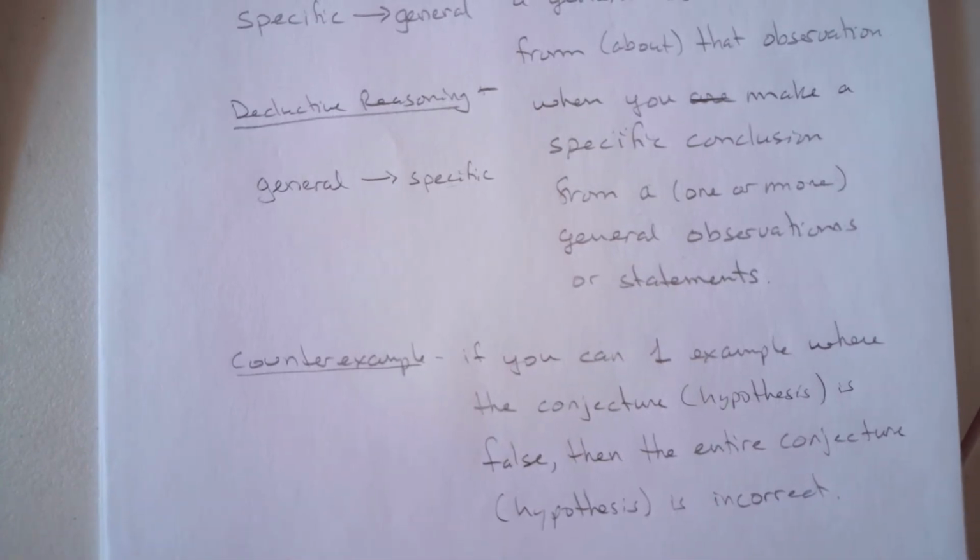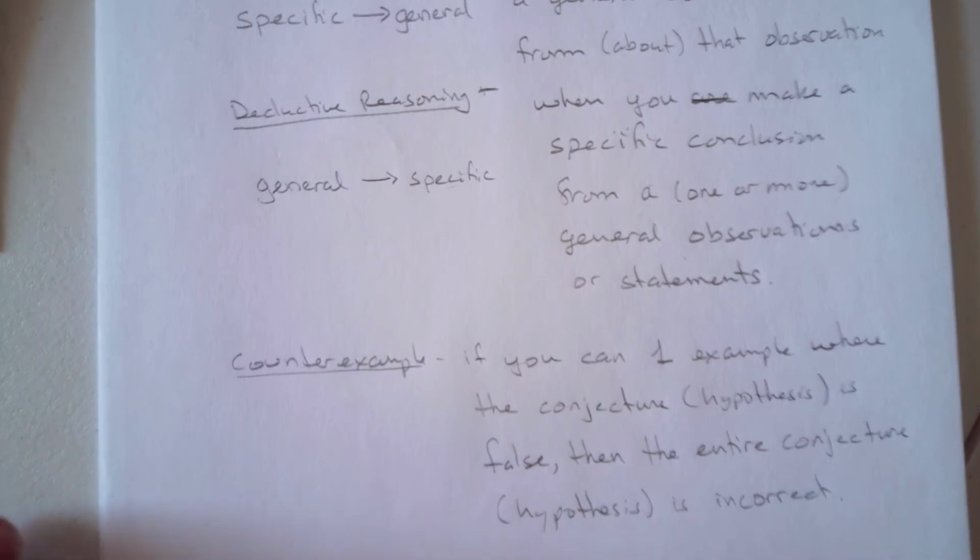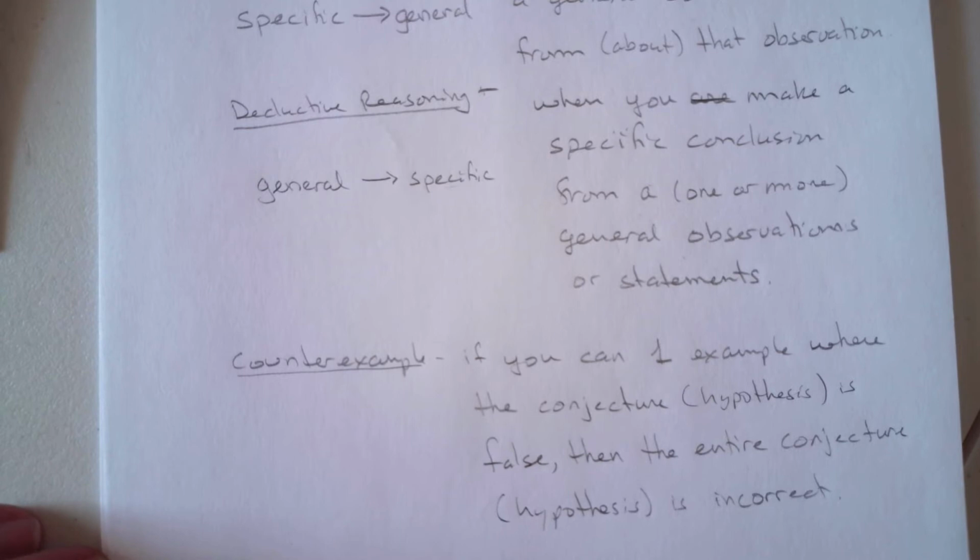So all it takes is one proof. All you find is one element, one example, one time where it doesn't work. And then the whole thing's wrong.